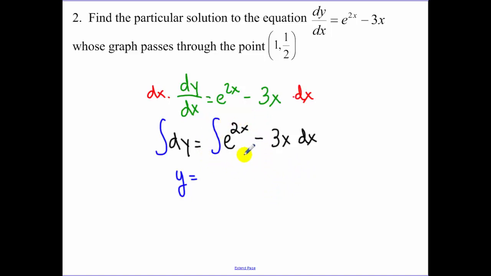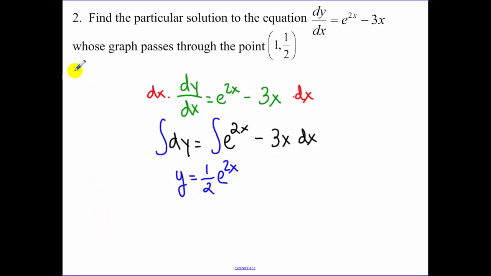What function's derivative is e to the 2x? Well, I know it's going to involve e to the 2x. But when I take the derivative of e to the 2x, I have that chain rule of our exponent, the 2x. So I need to incorporate the 1/2 in there.